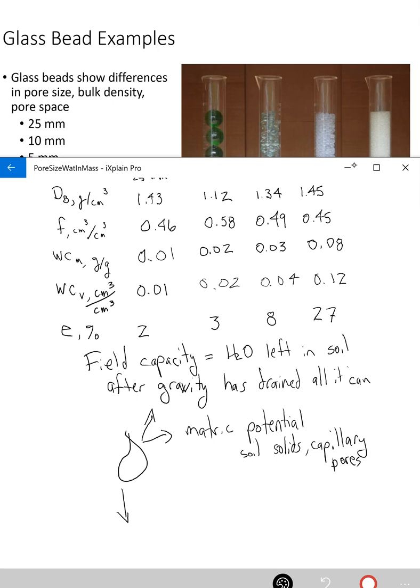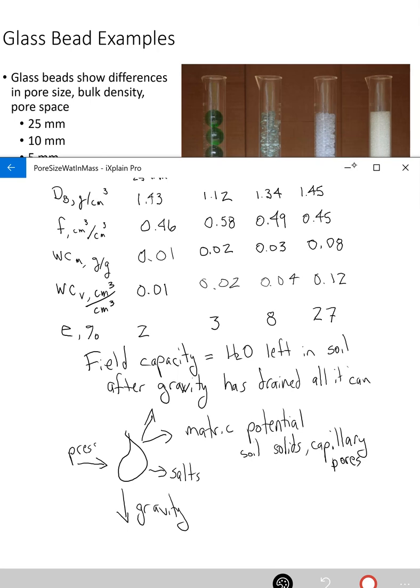Gravity is always pulling down. Now, if we've got salts, the salts are going to pull on the water, but there has to be a gradient in the salt content in order for that to work. And the pressure is a push.